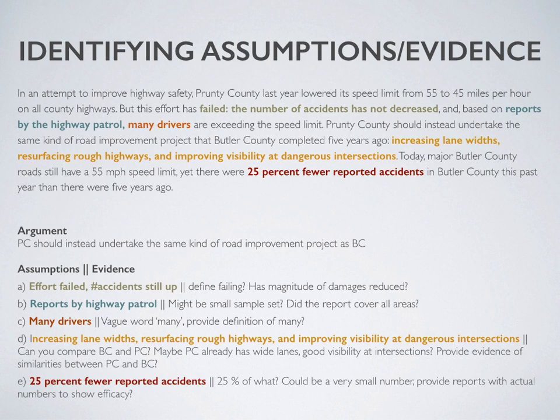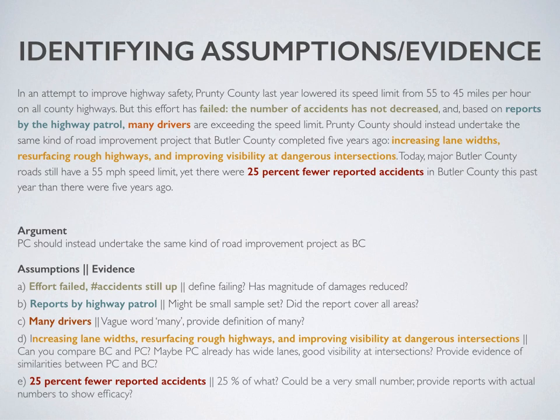The next point, point number D, is that Butler County implemented this whole road improvement project where they increased lane widths, they did resurfacing, and they improved visibility. Now, again, this is a comparison.